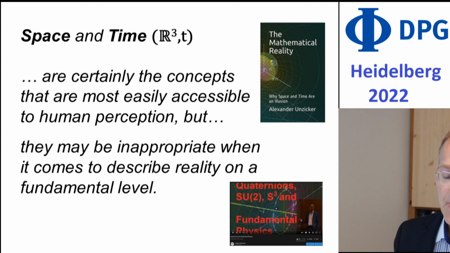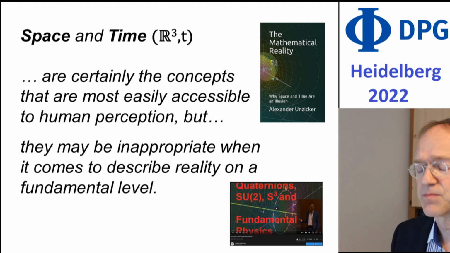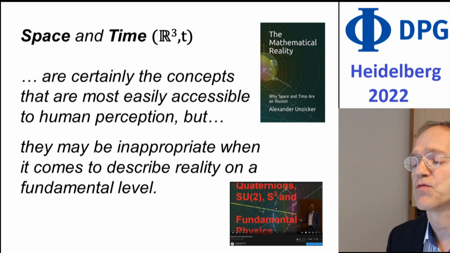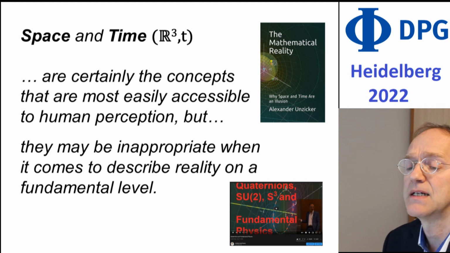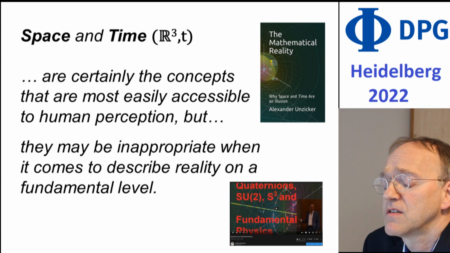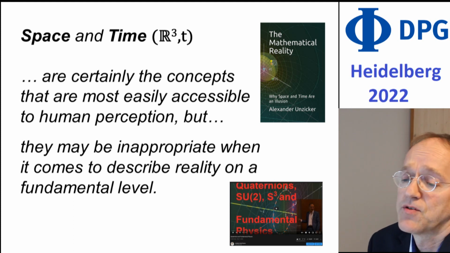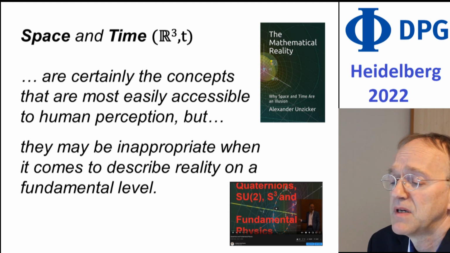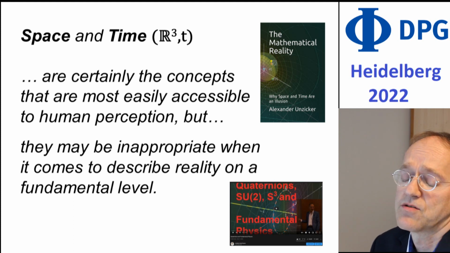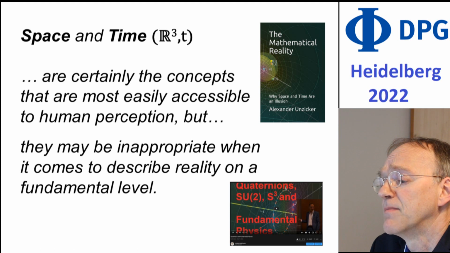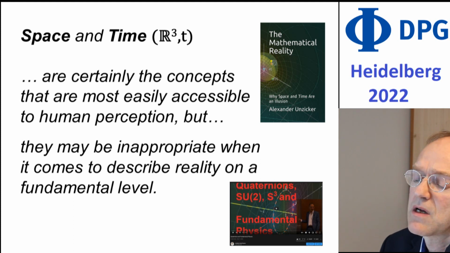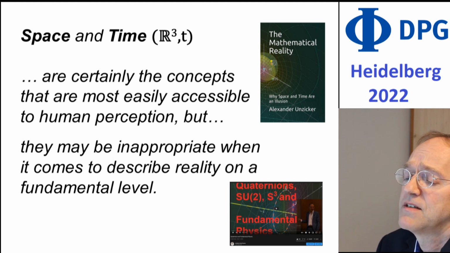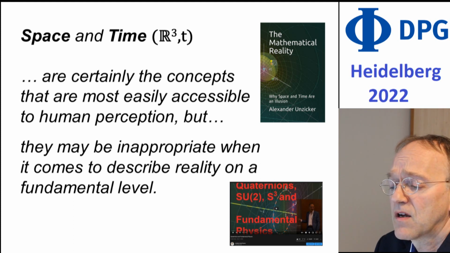We should have a mathematical explanation for the very different phenomenology of space and time, and because these are concepts most easily accessible to human perception, space and time may be inappropriate when describing physics on a fundamental level. So these ideas about electrodynamics are a spin-off of these more general considerations about mathematical reality, space-time, and fundamental constants.